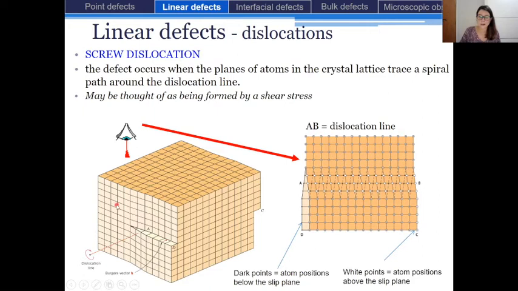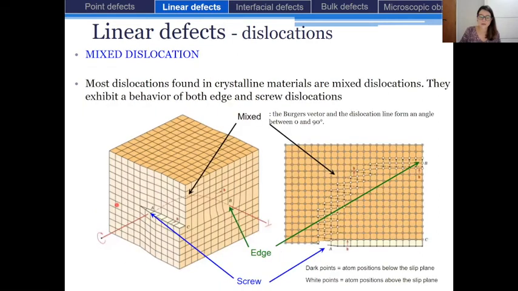And so we introduced edge dislocation and screw dislocation, but in fact, in many cases, most dislocations found in crystalline materials are mixed dislocations. So they are not 100% screw dislocation or 100% edge dislocation, but they are mixed dislocations.